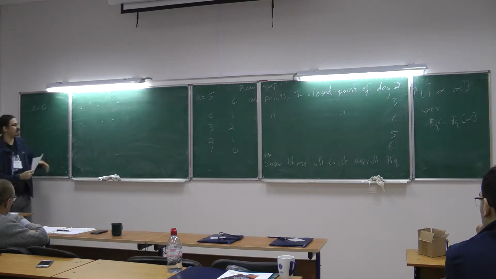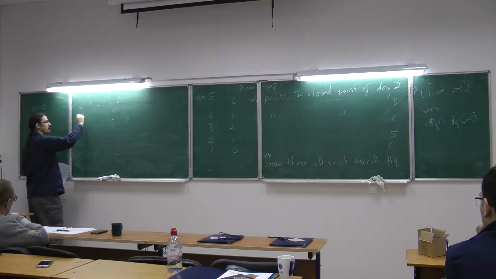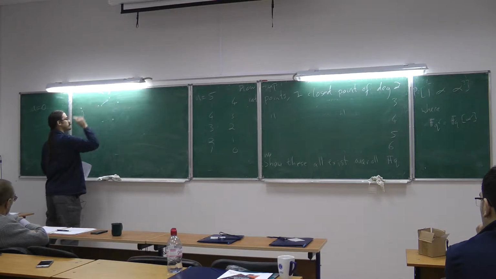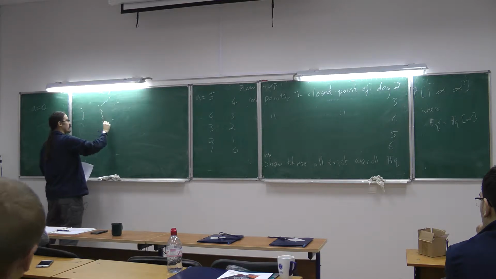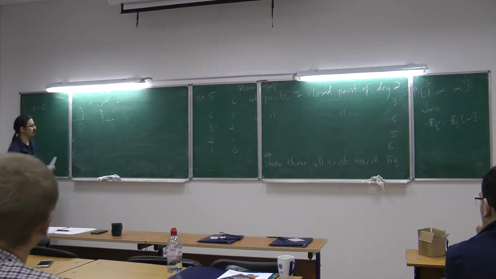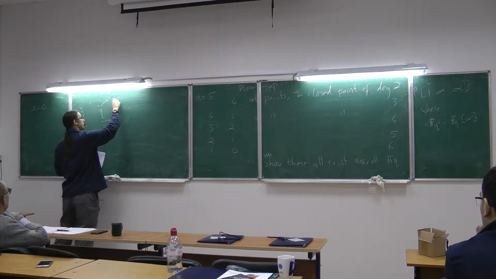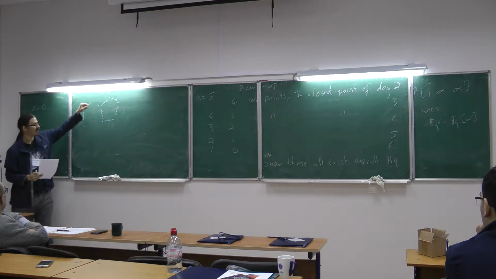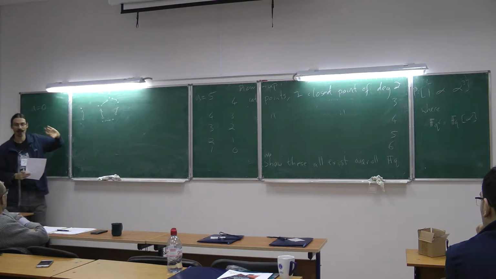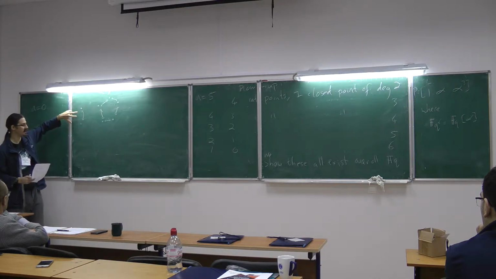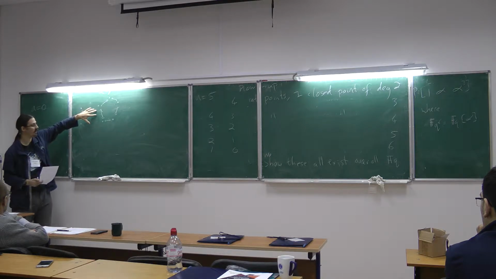So I've got 2 quadratic points which are swapped by the action of Galois, and then I've got 5 points which are moved around in a pentagon. So these are 7 points in general position: a closed point of degree 2 and a closed point of degree 5.